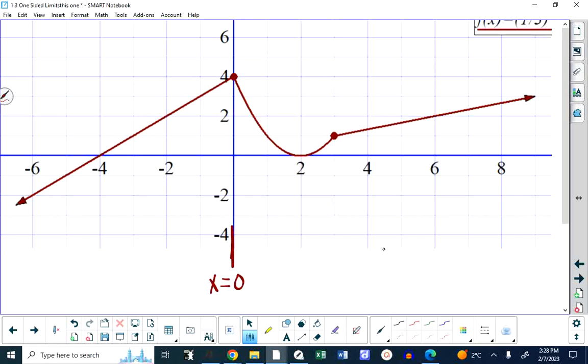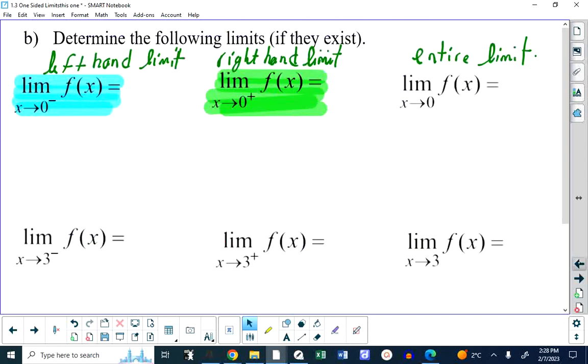So I'm on the graph, getting closer to 0, but I'm to the left of 0, which means I am here. And then I'm getting closer to 0 and closer to 0 and closer to 0. What am I approaching as a function? I'm approaching 4, am I not? Okay. So the left-hand limit is equal to 4.